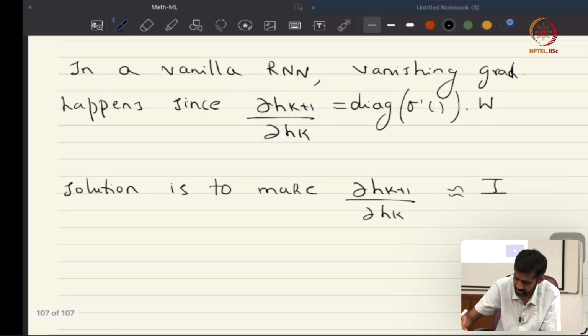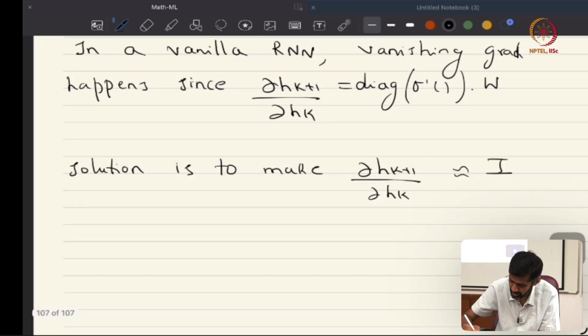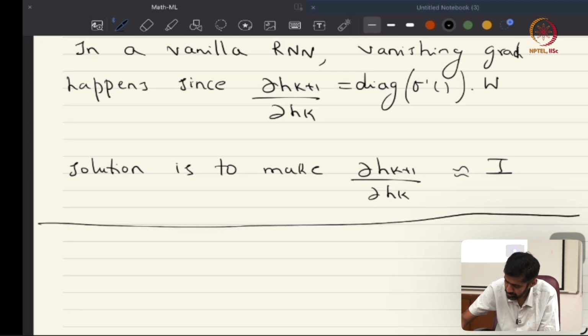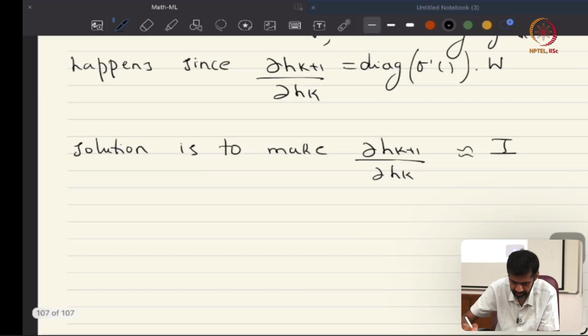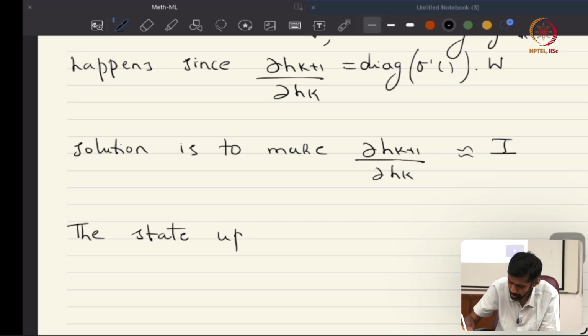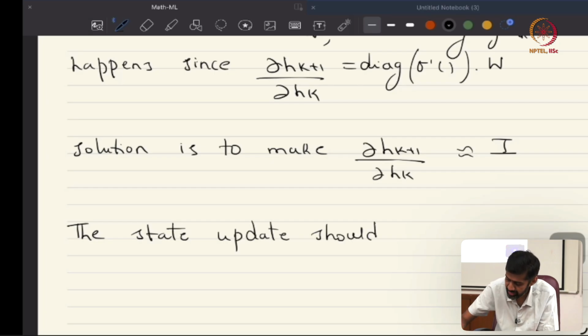Now let's look at the general principle to do that is to achieve this. Yeah, the state update should be additive instead of multiplicative.